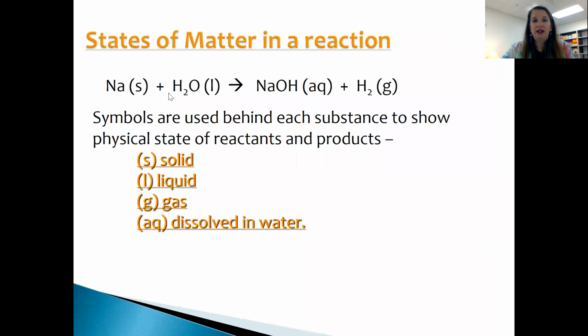So here's how we would indicate those states of matter in our chemical reaction itself. You can see that the S, L, G, and AQ are behind the substance that they're describing. That's just letting us know what kinds of things we're working with as our reactants and what each of our products are.